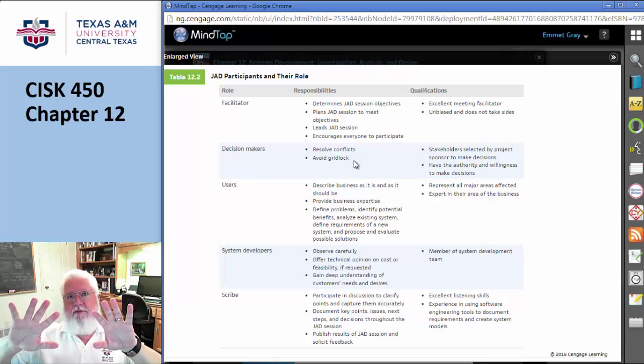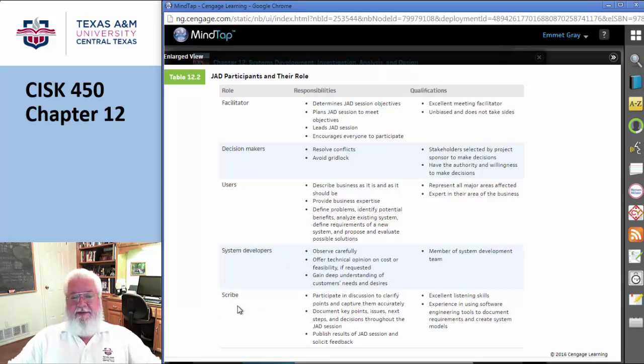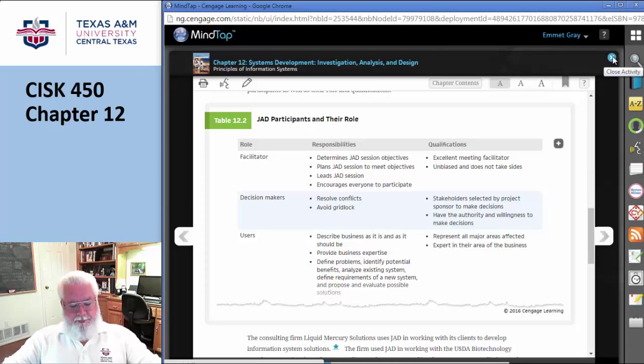And you're going, wait, these two goals are completely opposed to each other. Somebody has to decide. The users have to be there. The system developers have to be there. You have to have somebody to write it all down. The takeaway behind JAD is don't waste people's time.